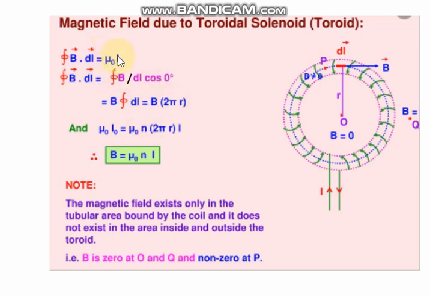On the other side we have mu naught times I naught, where I naught is the current enclosed by this Amperian loop.